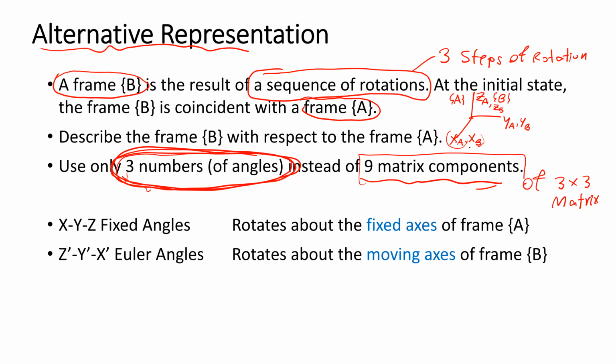The x-axis of the frame B stays the same, but the z-axis and the y-axis will change position. The x_B still keeps the direction, but the direction of y_B will shift to y_B prime, and z_B will shift to z_B prime.